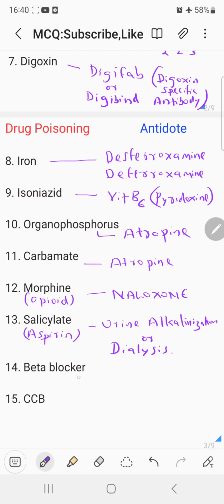Now, coming to beta blocker poisoning like propranolol, the antidote is glucagon. Same with calcium channel blocker poisoning, the antidote is glucagon.